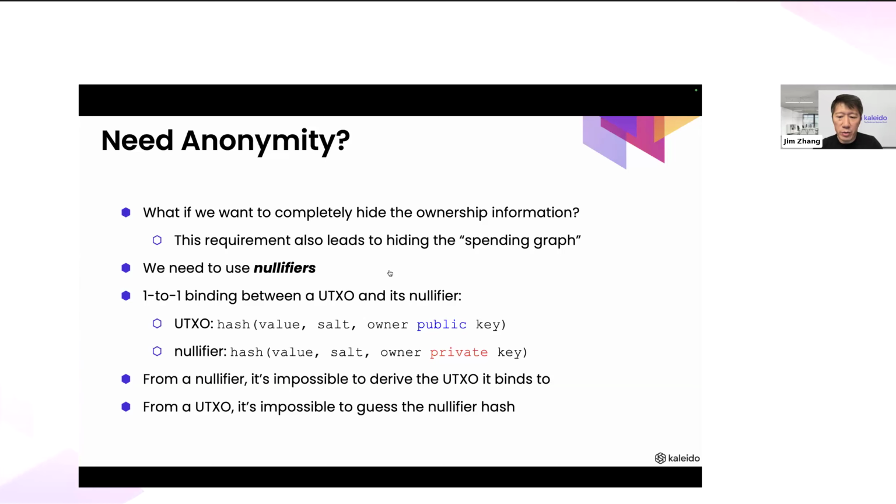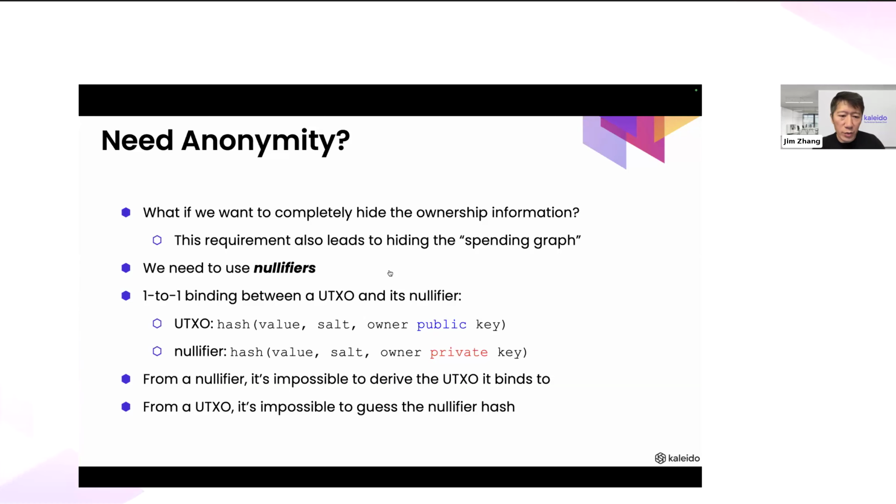If you are able to build a graph like that, which will be the case if you have ownership information and if you disclose the input UTXOs, then there will be leakage of the ownership information at some point. So we want to hide that.